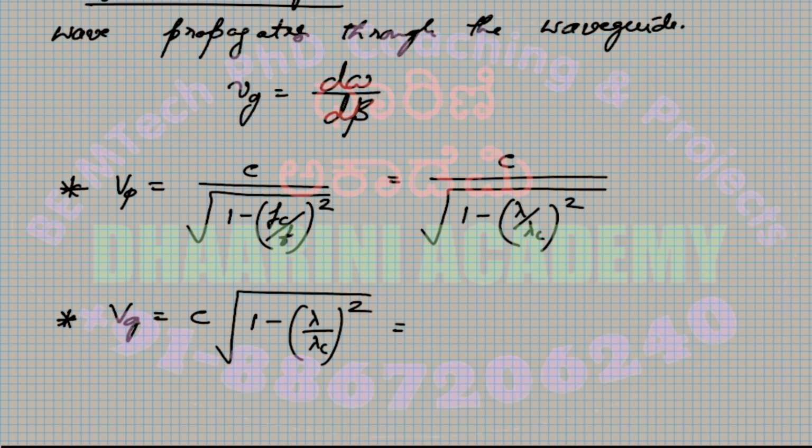That's the first equation. And the other equation will be C times the square root of 1 minus (Fc by F) the whole square.